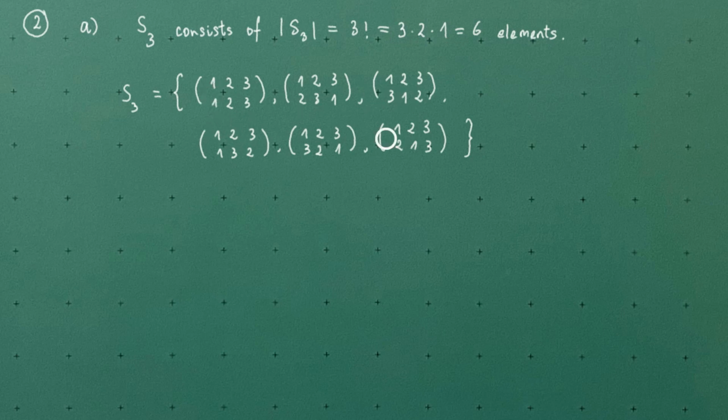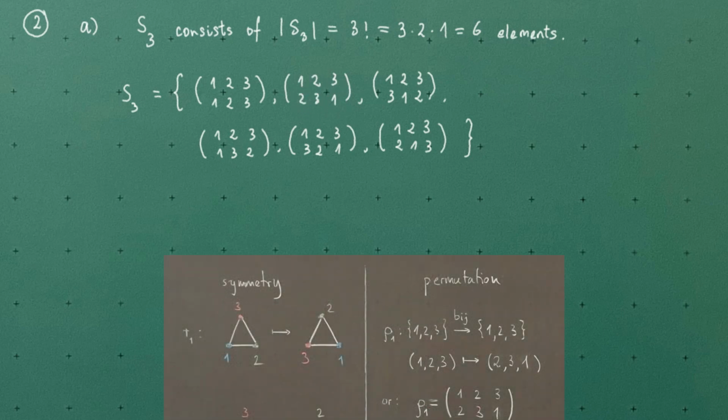And here they are. Now it is not necessary but very helpful to have a geometric picture in mind, because remember, S3 is nothing but D3, the dihedral group of an equilateral triangle in another costume. So here, of course, we have the identity. This here corresponds to rotating the triangle by 120 degrees. Vertex 1 goes to where vertex 2 was, vertex 2 goes to where vertex 3 sits, and so on.